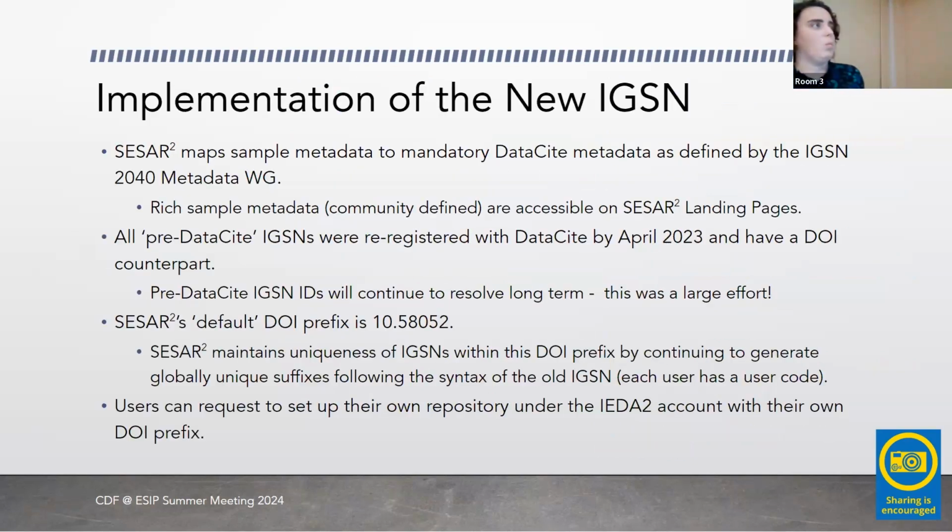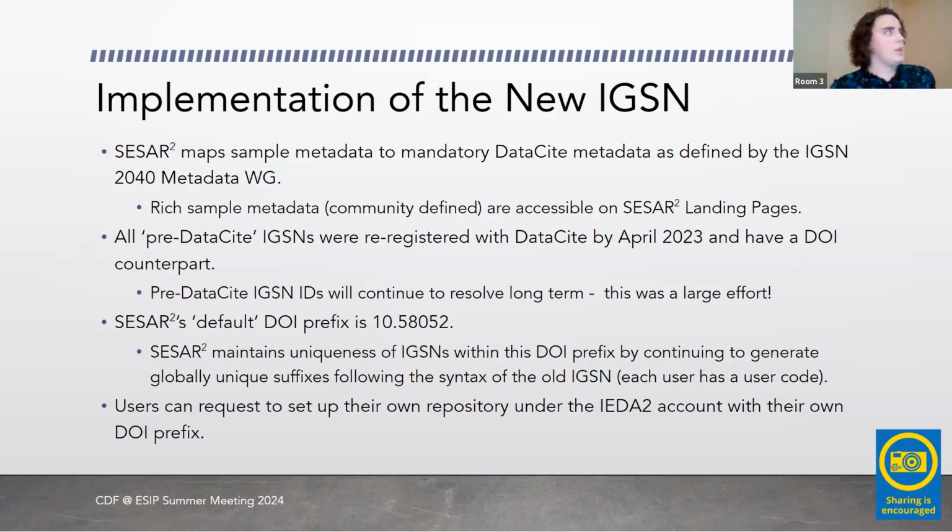And so, to delve a little bit more into what CSAR did to implement the new IGSN with DataCite, we mapped the sample metadata to the mandatory DataCite metadata as defined by the IGSN 2040 metadata working group. And what I want to emphasize here is that I'm going to show on the next slide that mapping.